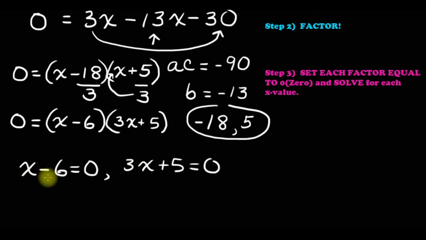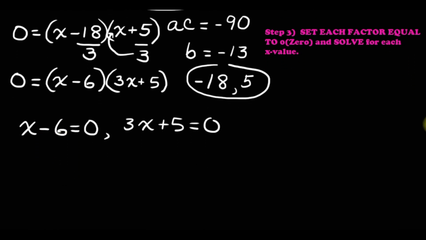Here, you add 6, so x equals 6. Over here, to solve for x, you minus 5 and then divide by 3. When you take away 5, you get negative 5, and then you divide that by 3. So these are the two answers. That's step 3.